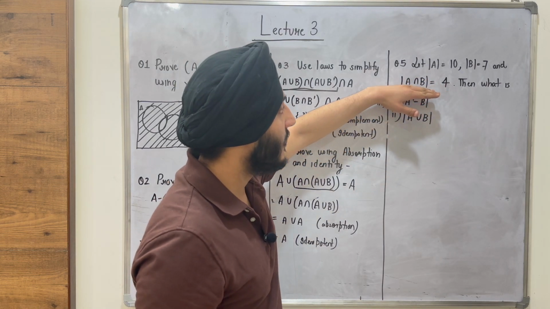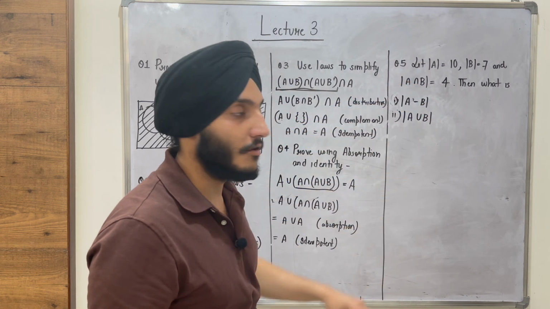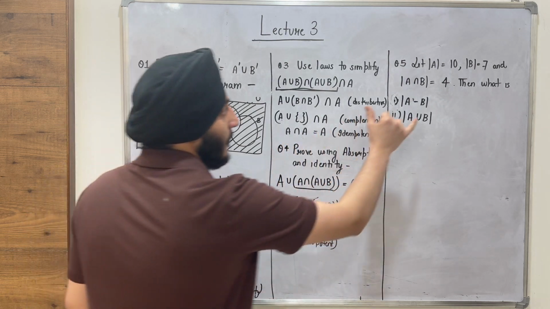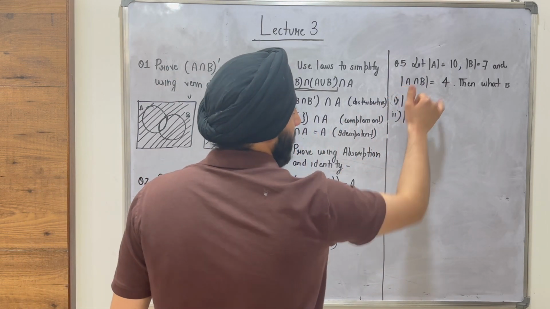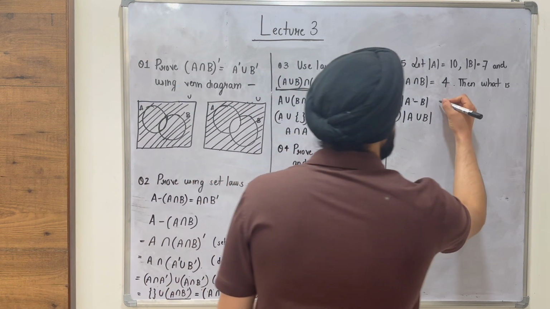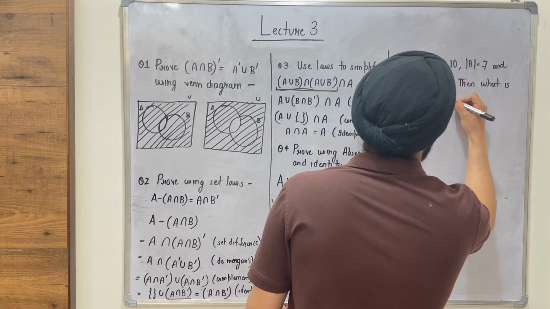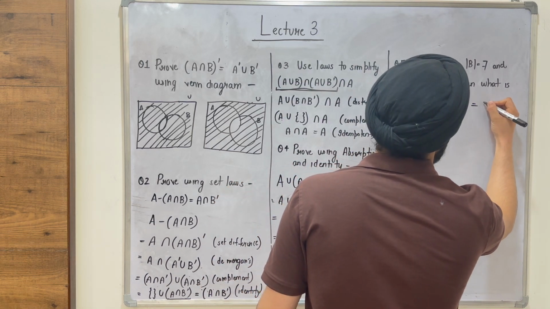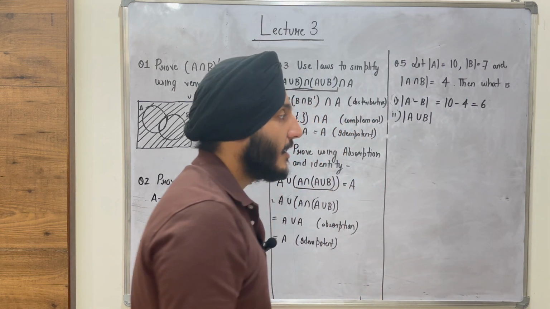That is because we are given the cardinality of their intersection. So think about it, right? A has 10 elements, A and B have 4 elements in common. In difference, we pluck out those common elements. So this should basically be 10 minus 4, which is equal to 6. So I hope that makes sense.